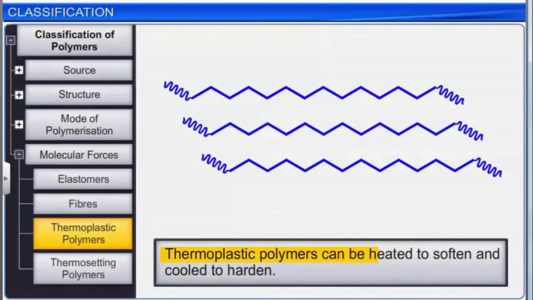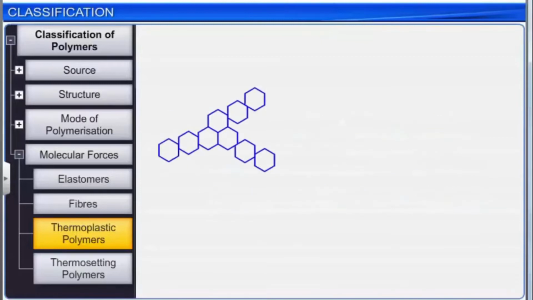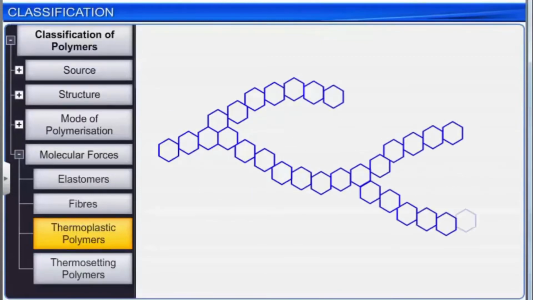Thermoplastic polymers can be heated to soften and cooled to harden. Plastics that soften on heating and regain their original properties on cooling are called thermoplastic polymers. The chains in a thermoplastic polymer are linear or slightly branched.